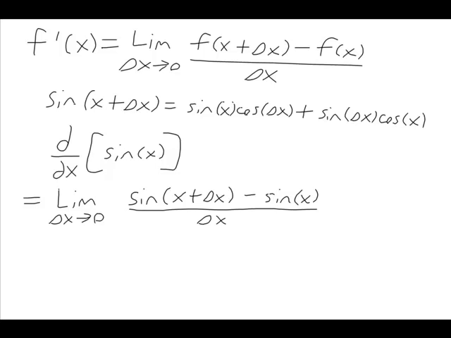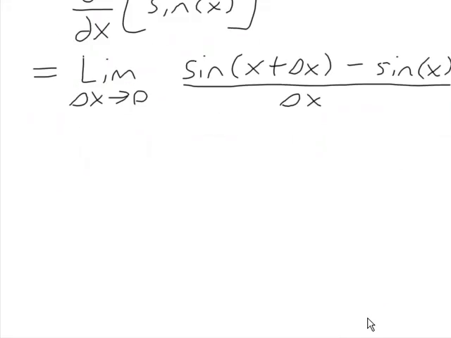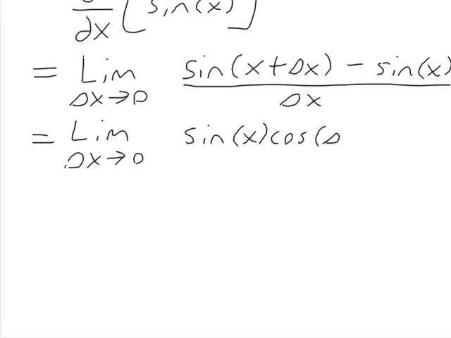Now from here we'll use our sum of angles identity I have written above, so it will be the limit as delta x approaches 0 of the sine of x times the cosine of delta x plus the sine of delta x times the cosine of x, and then all of that minus sine of x, because we just took this first part as our sum of angles minus this sine of x on the end.